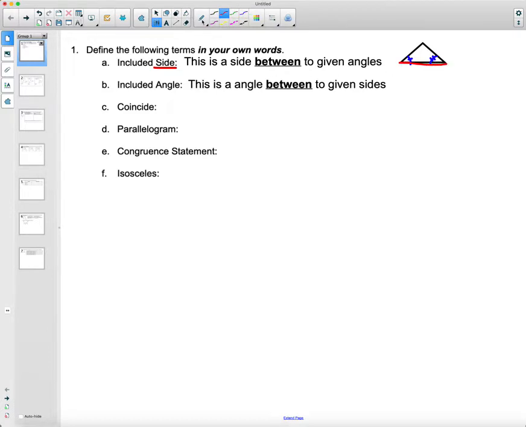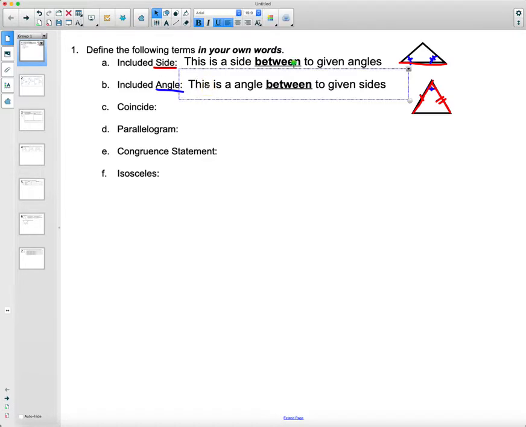And if we were talking included angle, again, we would have two sides that were given to us, and the included angle would be between them. So if we had this side marked and this side marked, then the included angle would be the one right between those two sides, so right here. So you can think about it as these two sides are the ones given and they make that angle. So you can see that angle is between them.